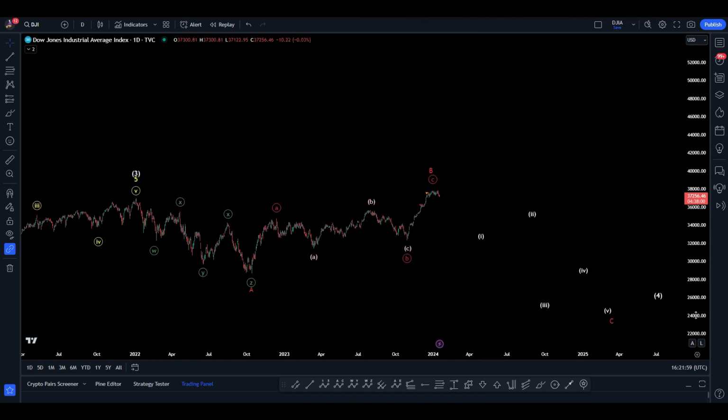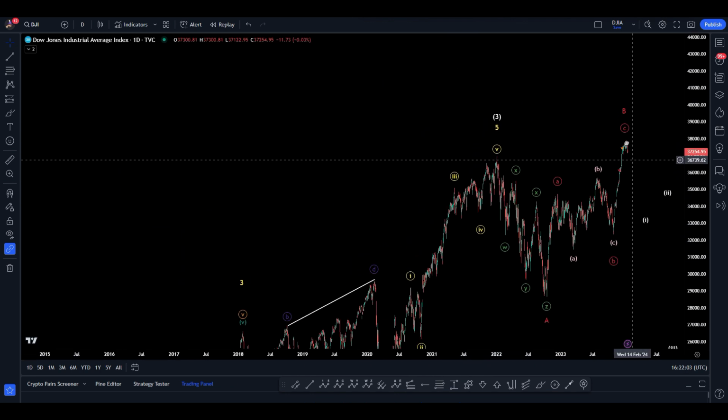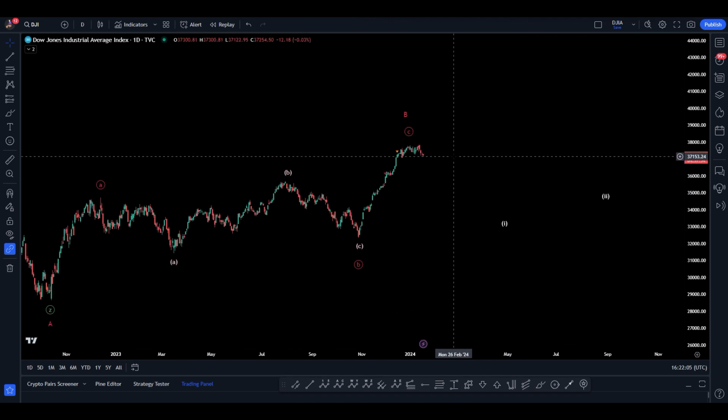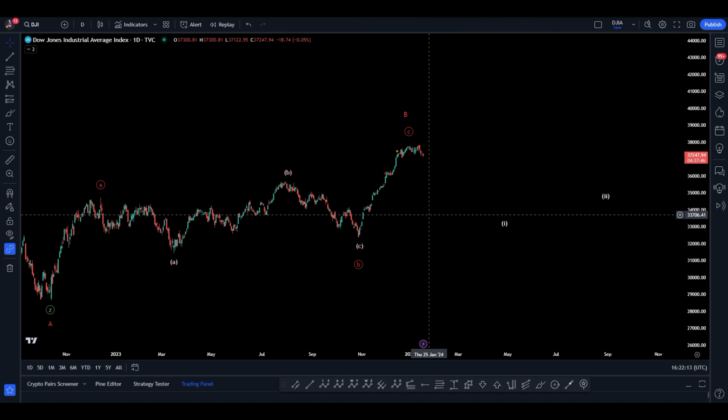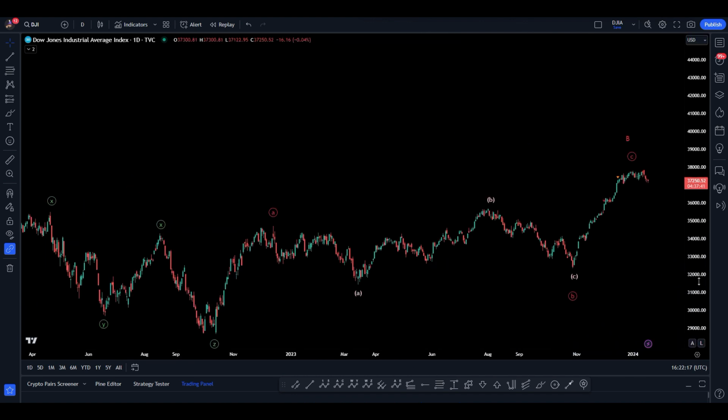Looks like we already have a little change of character here. We broke this low. This one's next here, and then cookies start crumbling as we go. And oh, how do we finish this? Looks like 5 waves to me.